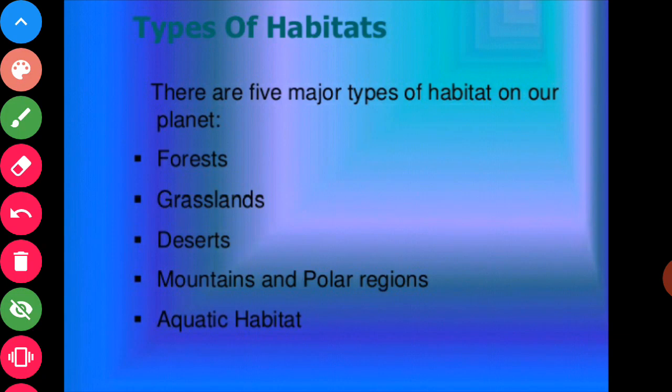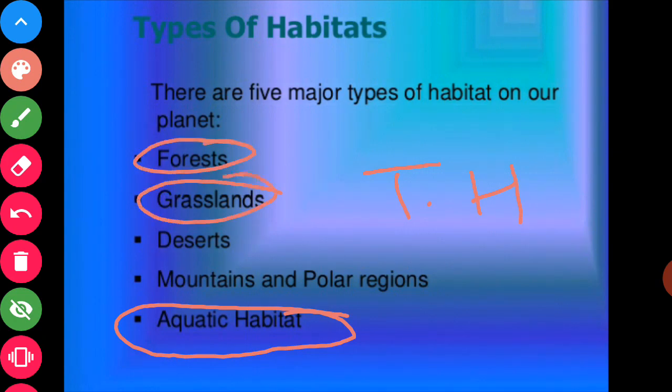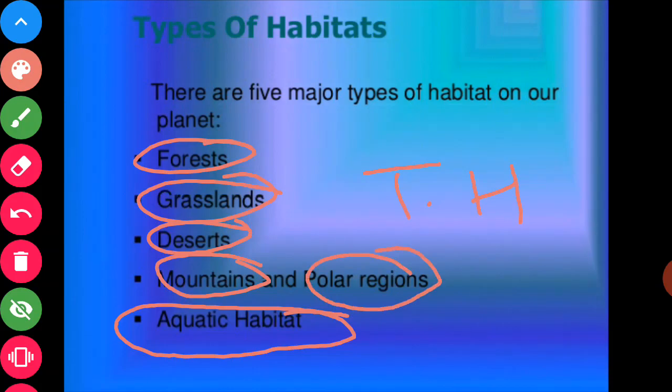Dear students, but broadly speaking, there are two types of habitats: aquatic habitat and terrestrial habitat. Forests, grasslands, deserts, mountains, polar regions, and hills come under the terrestrial habitat.